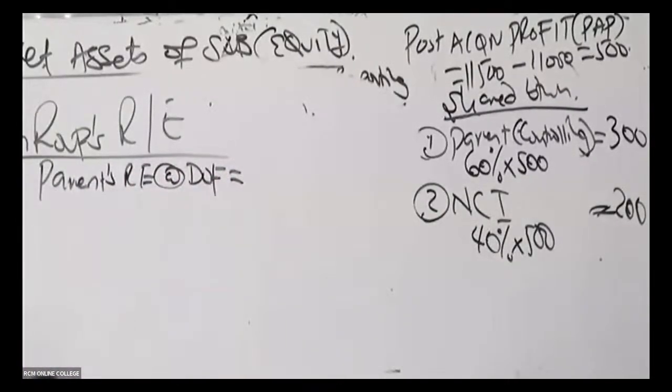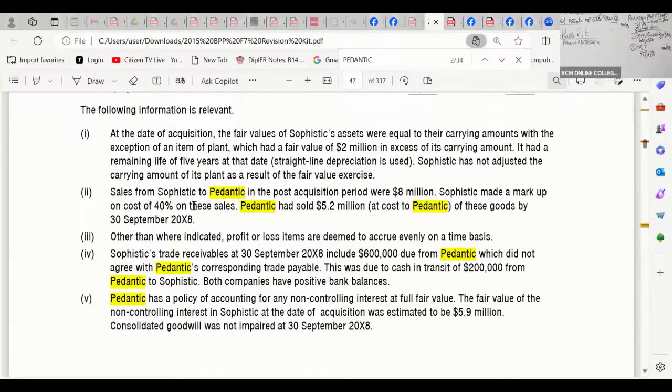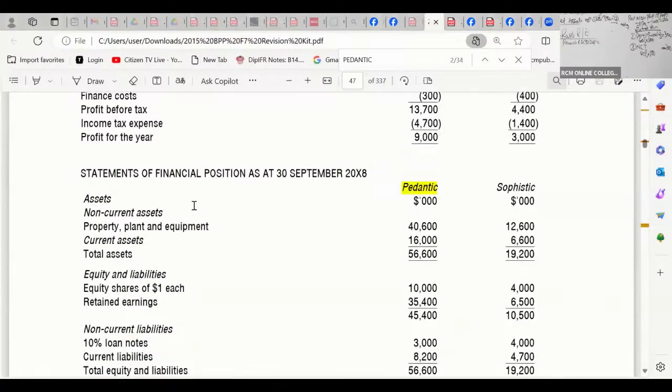At the date of financial statements, do we have the parent's retained earnings? Let's check this out. So, ladies and gentlemen, we are told here, retained earnings for the parent, Pedantic, at the date of financial statements, 35,400.